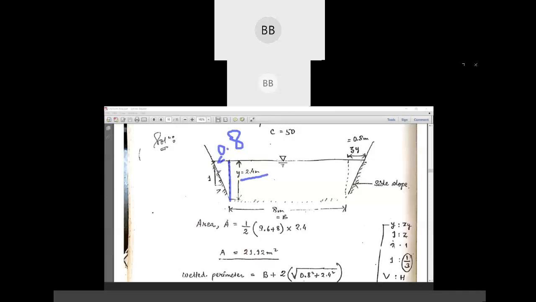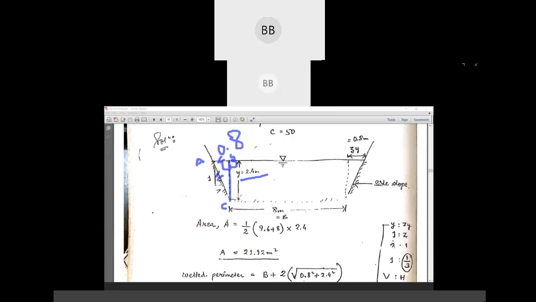And we need to find out this portion. If you consider this is your A, B, and C, so ABC is a triangle where you know two sides. One is 0.8, one is 2.4. So this is your 90 degree, definitely this is your 90 degree.